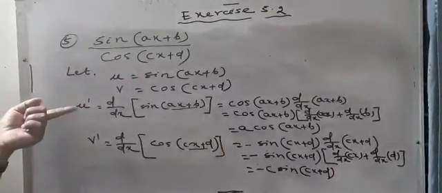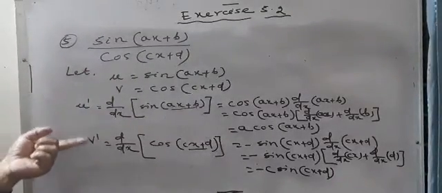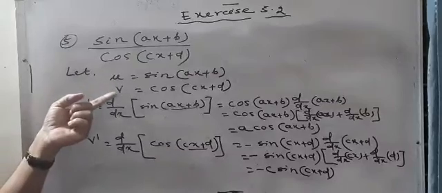So here we find u dash and v dash, and we also know u and v.